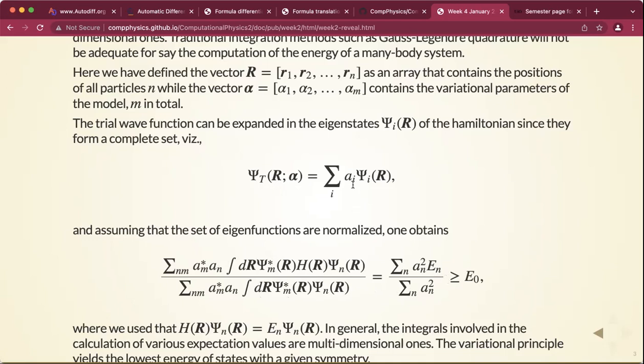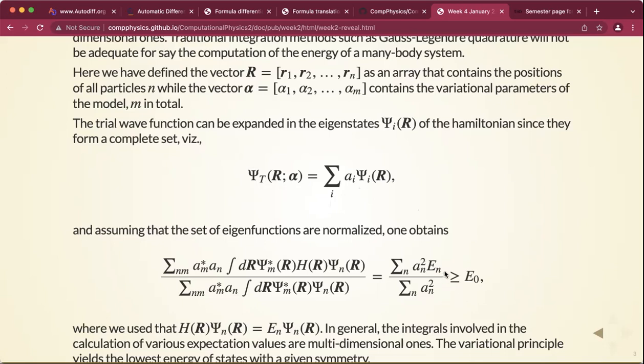Now, this expansion which you see here of a_i times c_i. Suppose you have the exact solution for the ground state, which would typically correspond to i equal to 0. Then this sum would contain only E_0, because that would be the solution we're looking for. And then you would single out E_0, and you would simply have E_0 as the final answer.